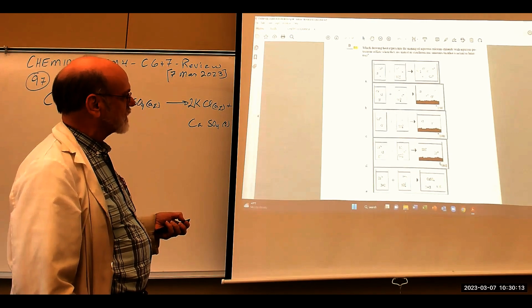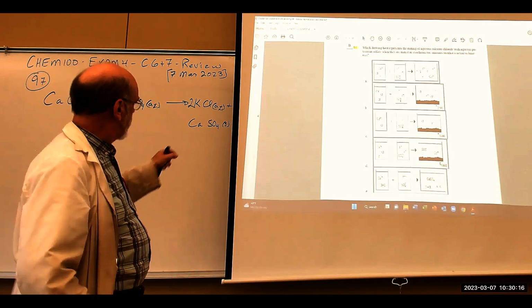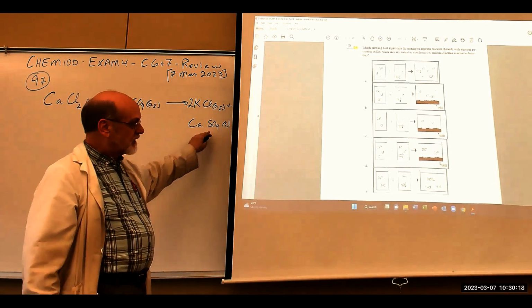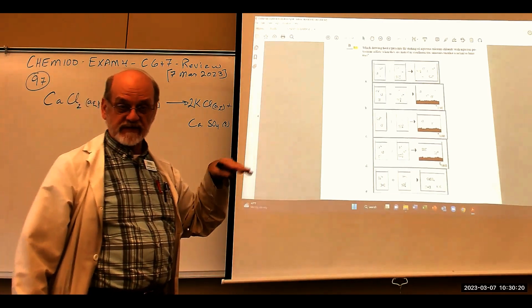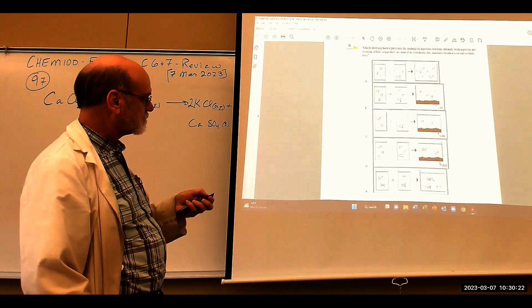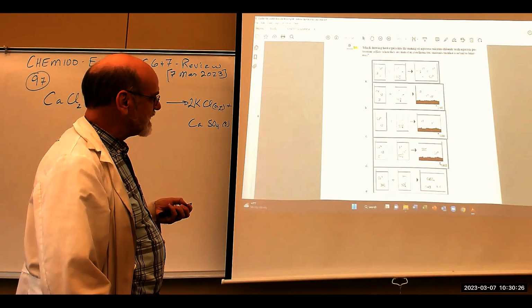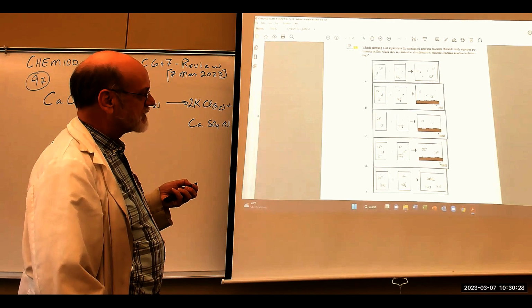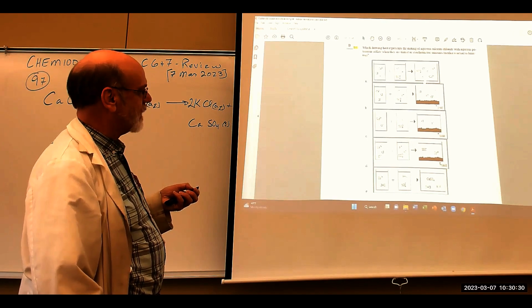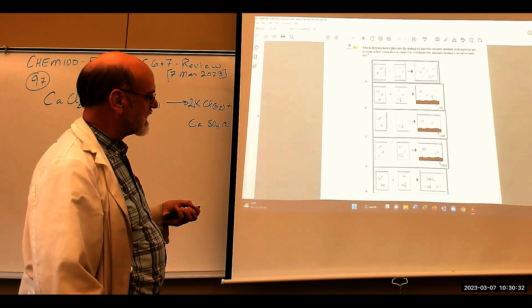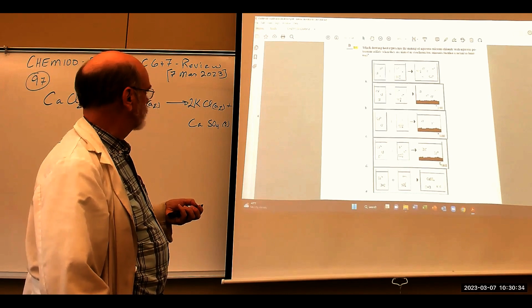Now we look at the product side. Notice we've got a precipitate formed. That's what that black at the bottom means. That's the precipitate. So we have a solid formed. We got A, B, and D as possibilities. A doesn't have a solid, so A is out. So it's either B or D. What's in solution?